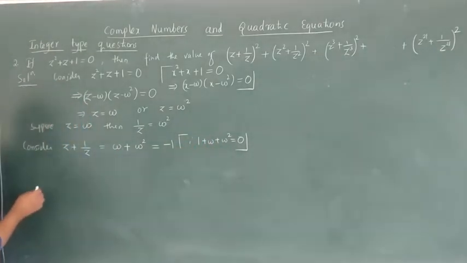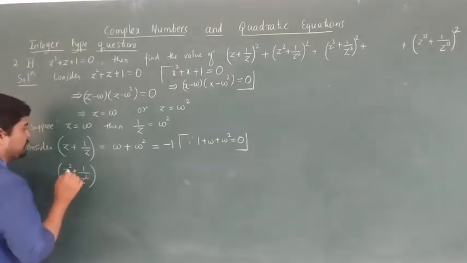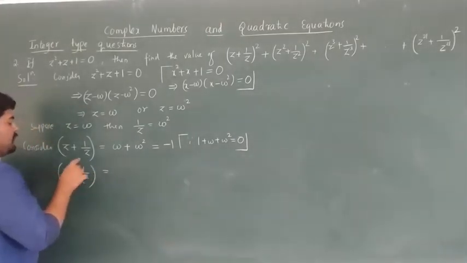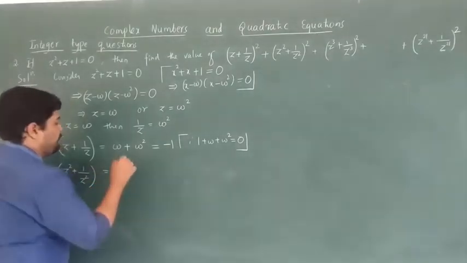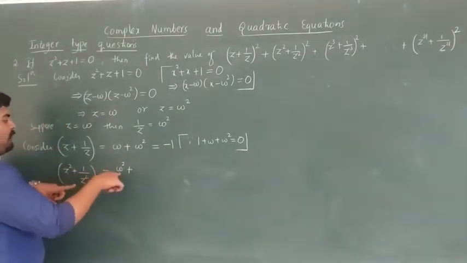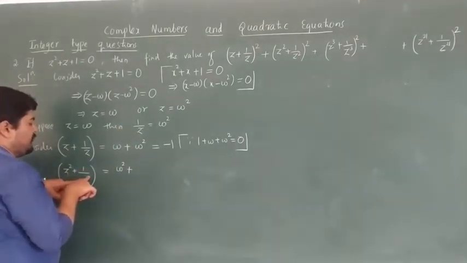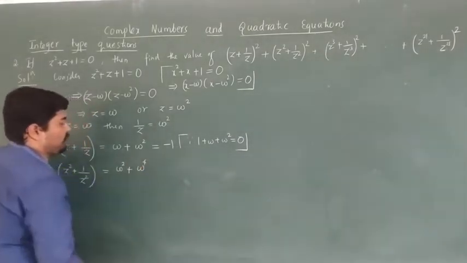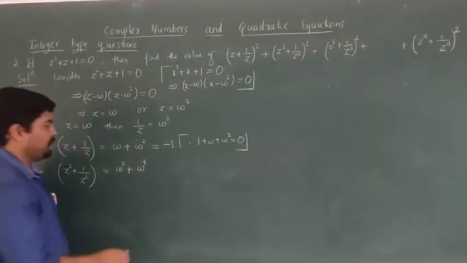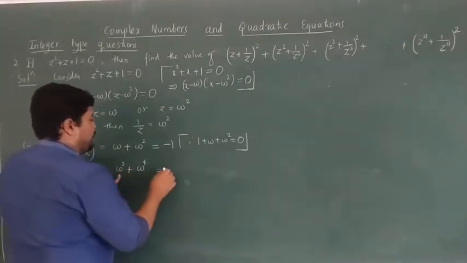Now consider another expression, that is z square plus 1 divided by z square. Squaring this one, you get omega square plus, if z square is equal to omega square, then 1 divided by z power 2 must be equal to how much? Omega power 4, isn't it? I hope you can easily understand this one. Now see here, you can take out omega square as a common factor.